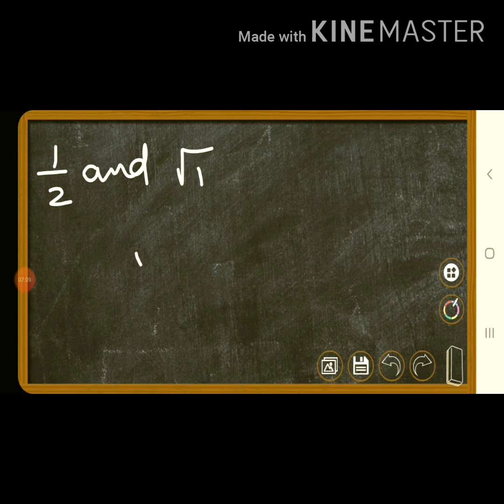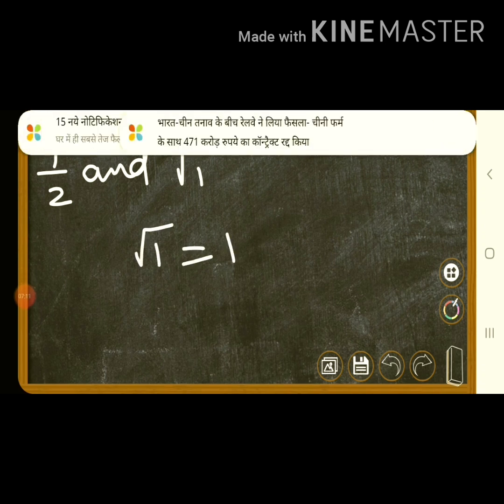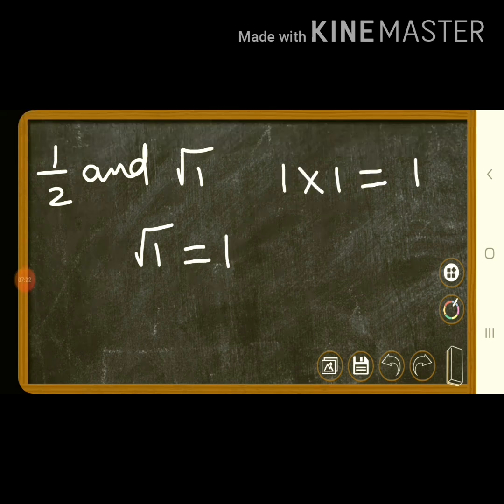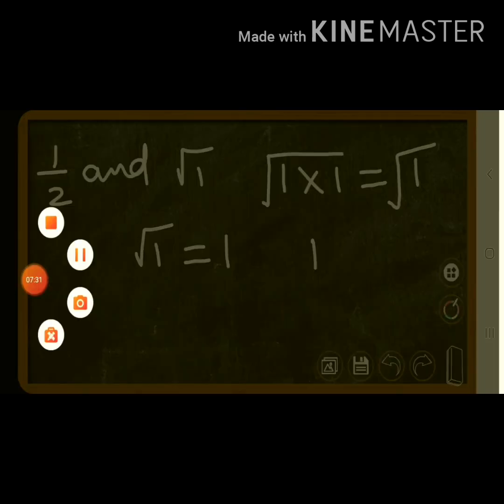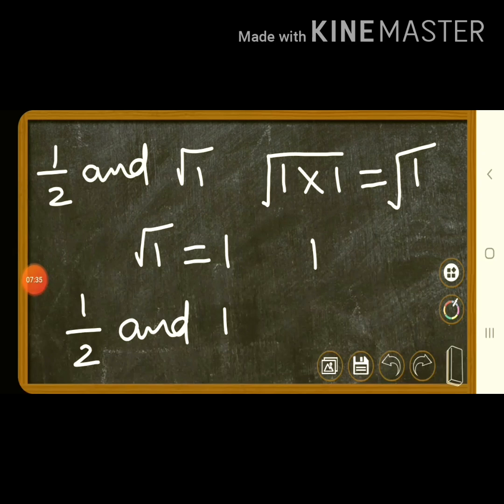Here, root 1 is equal to 1. We know 1 into 1 is equal to 1. So root over 1 is equal to root over 1 into 1, which is equal to 1. So we need to find a rational number between half and 1.